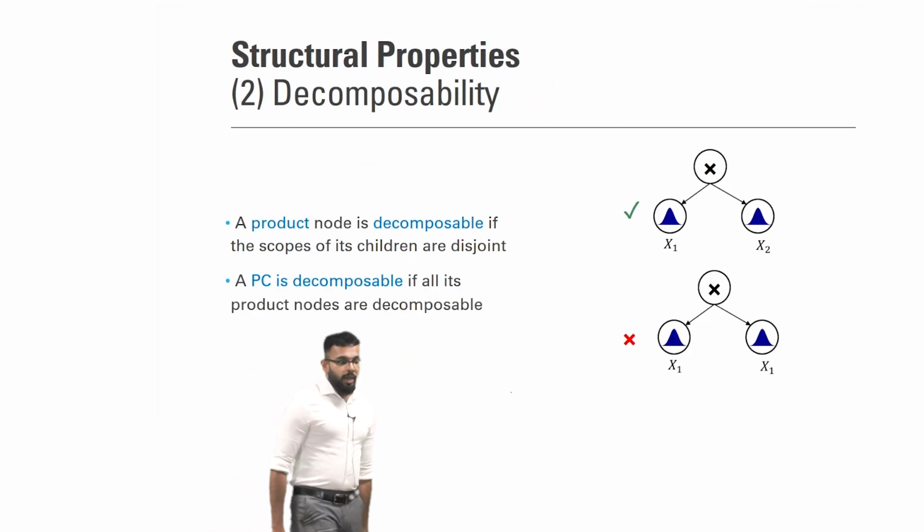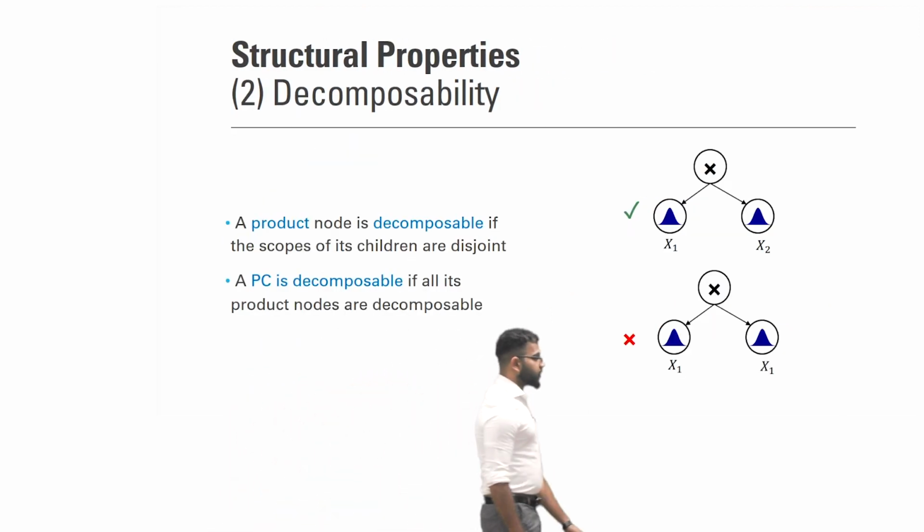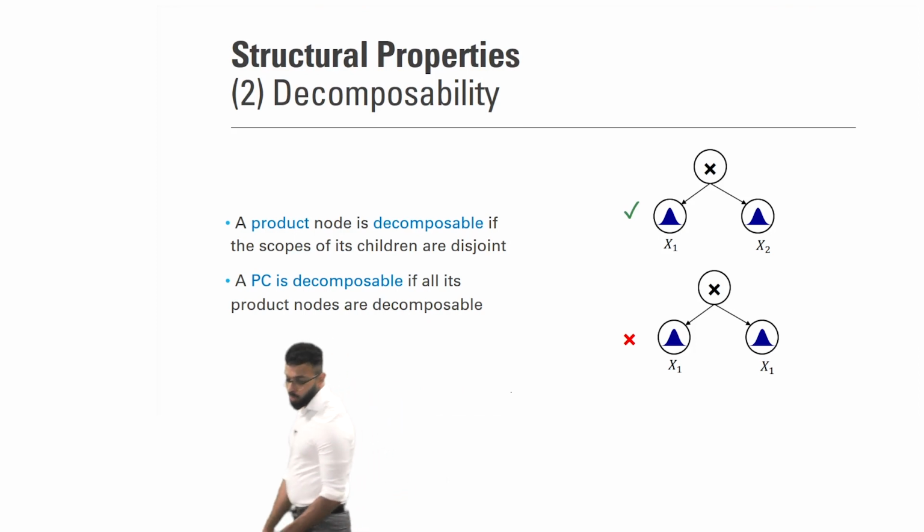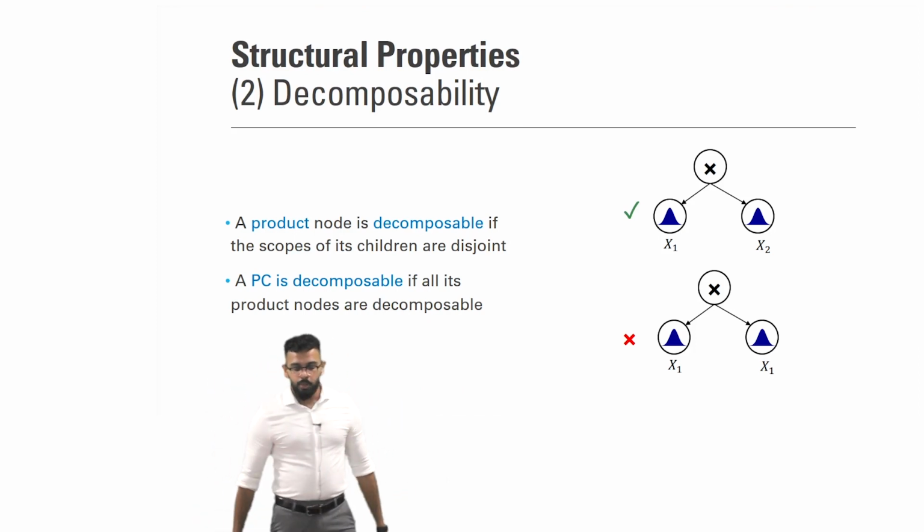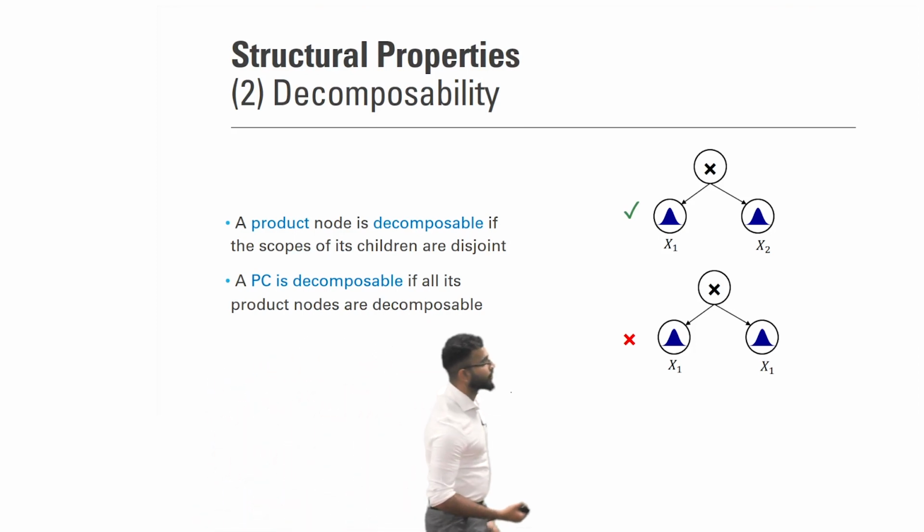So to ensure that, we need a property called decomposability, and this is related to the example that I mentioned earlier about not stacking nodes arbitrarily. So what decomposability basically says is that when you have a product node, it is encoding independencies. Which means when you have two subsets of variables as the children of a product node, those subsets cannot be dependent themselves.